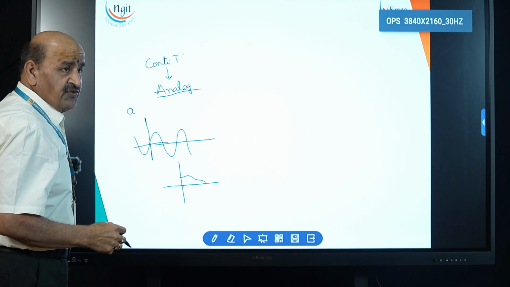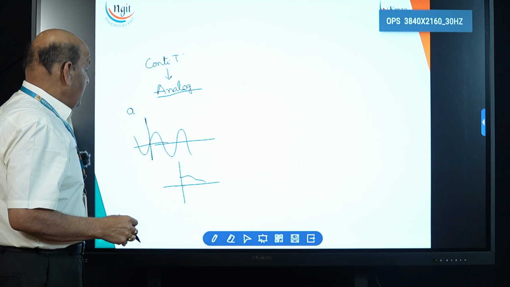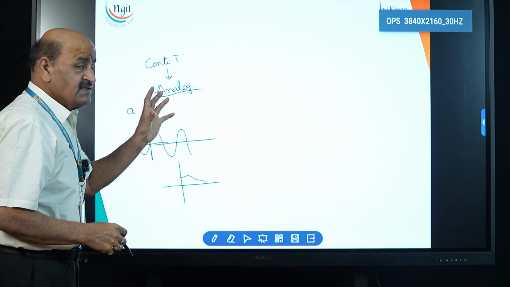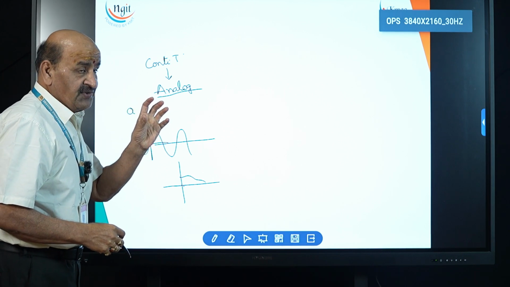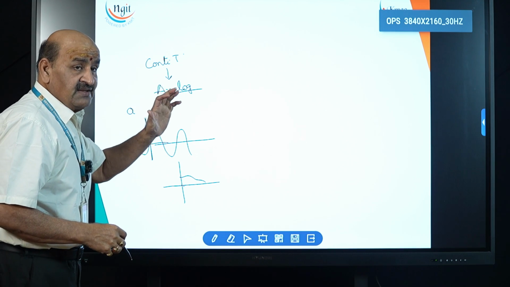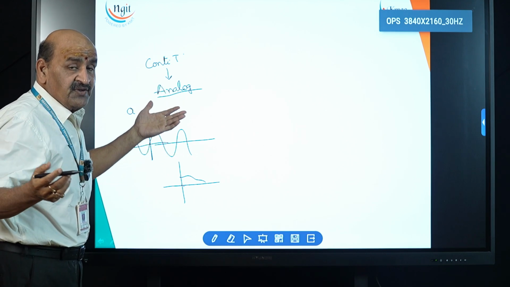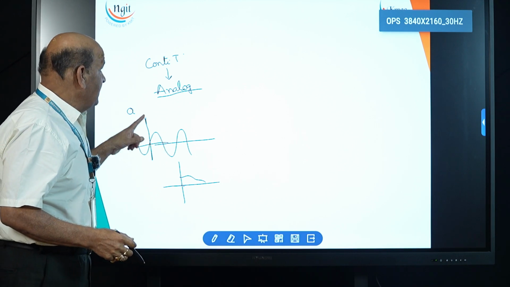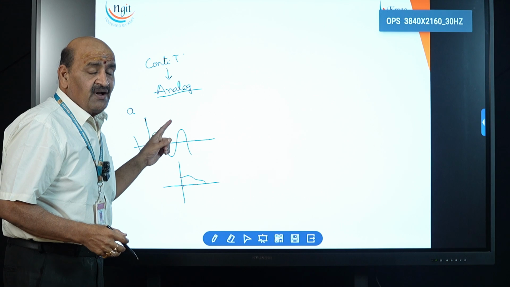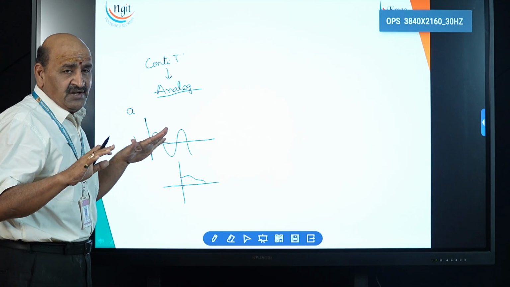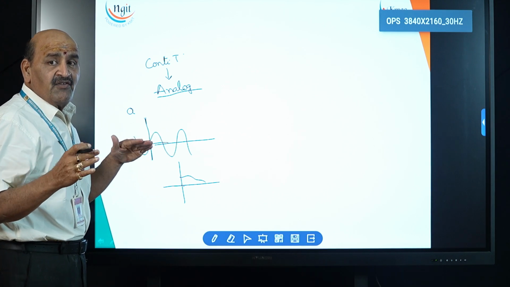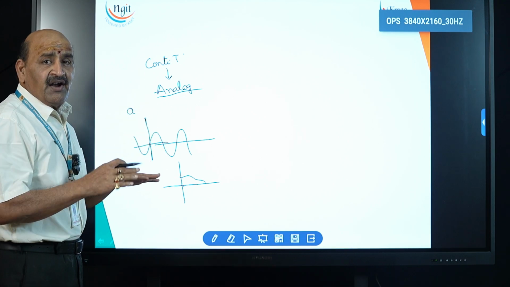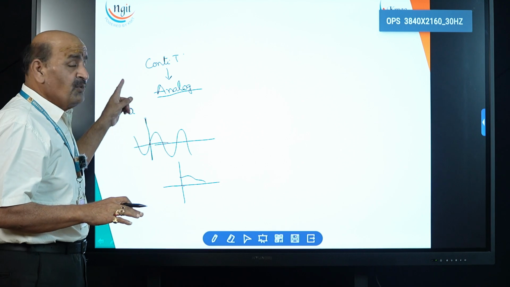All these continuous signals occupy less space, but digital signals occupy more space. That is important. For practical applications, continuous signals are not that efficient when we compare them with digital signals. That is one more point.